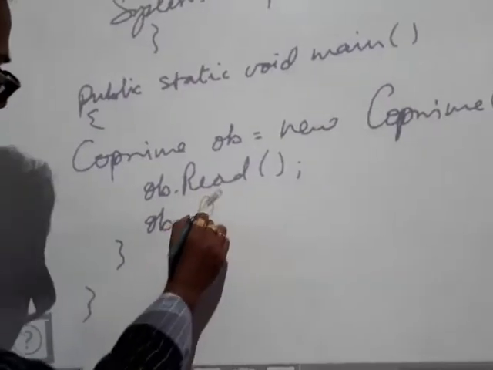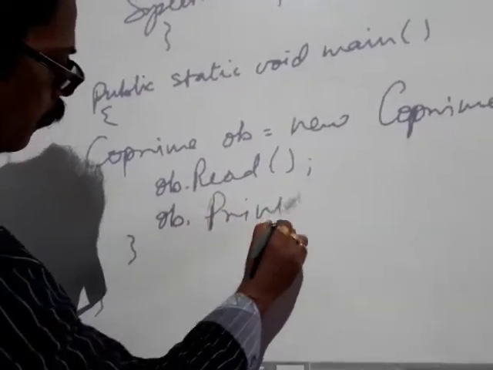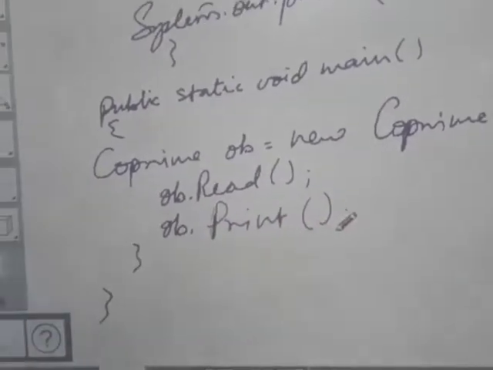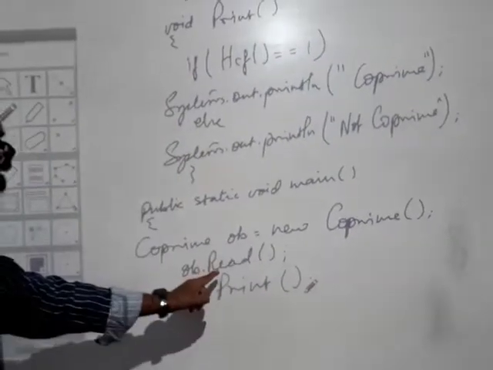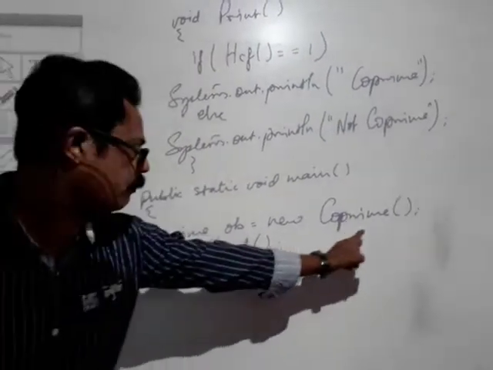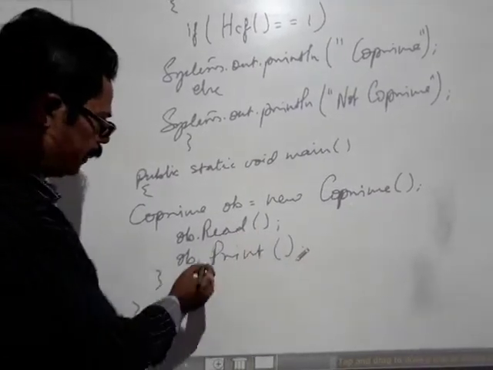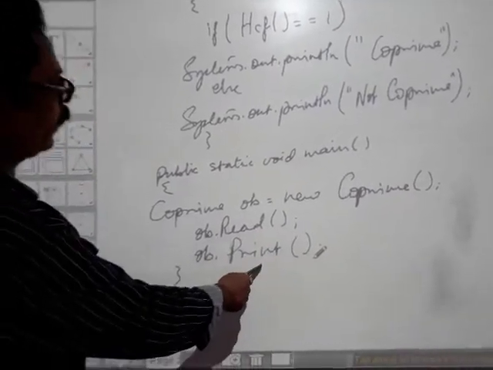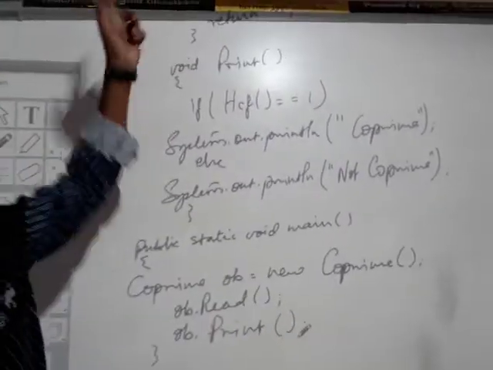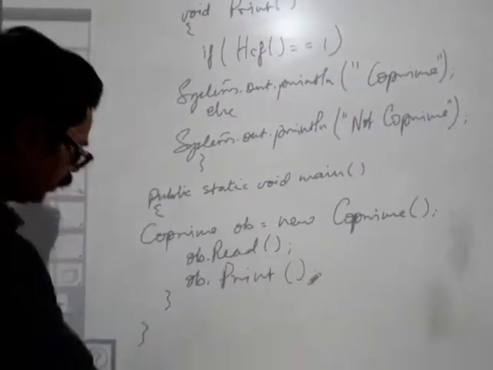So we will use the function called print. Now the print function is called. First of all, create an object of Coprime, Coprime ob equal to new Coprime, then ob dot read, and then ob dot print. So when you call the print function, automatically the HCF function is called. Okay, so this is what we have.